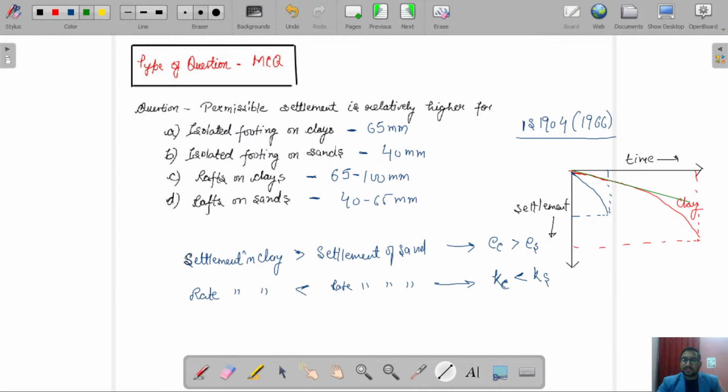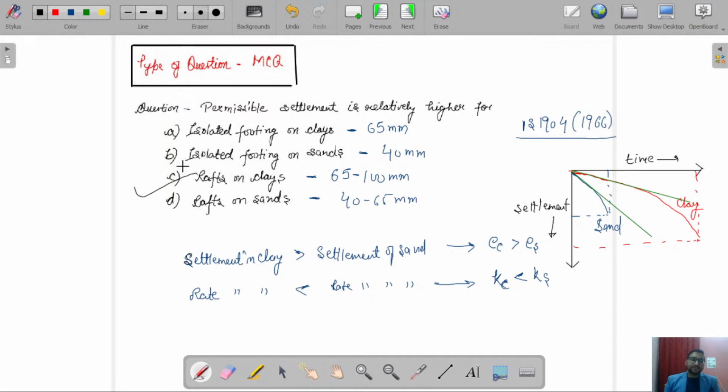So the slope of this graph is this one for clay. For sand, the slope of the graph is this, right? So this is clay, this is sand. So the correct answer for this question will be option C.